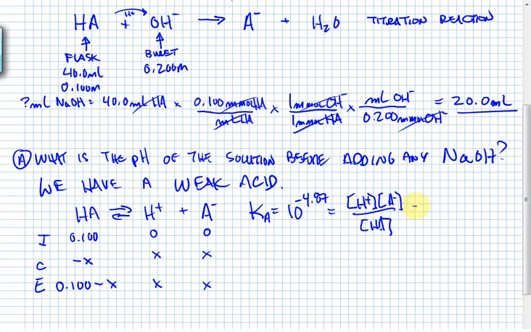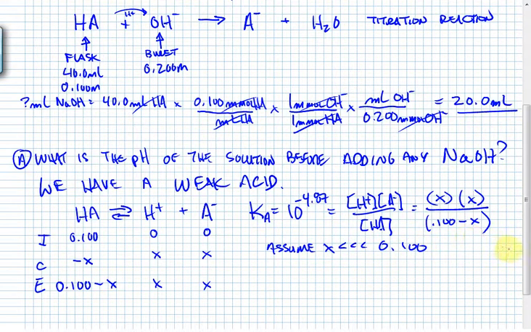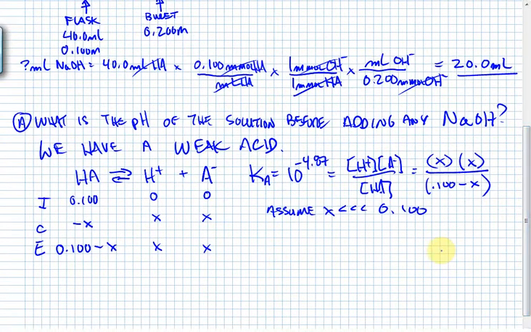You know the routine. We're going to plug those X's into their appropriate concentrations up here. So X is the hydrogen ion concentration, X is also the A minus concentration, 0.100 minus X is the HA concentration. We know that all has to be equal to 10 to the minus 4.87. We assume X is much, much less than 0.10, so we can make the assumption that the change in the concentration of the weak acid is insignificant, so that simplifies the math for us.